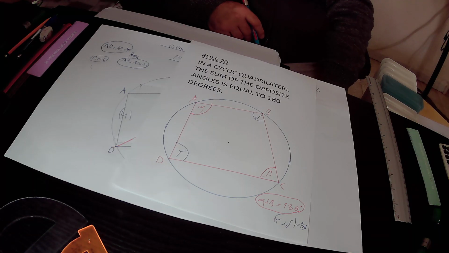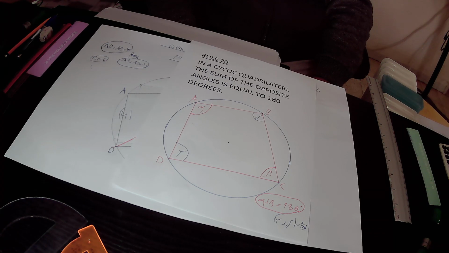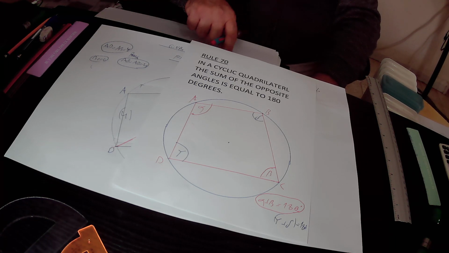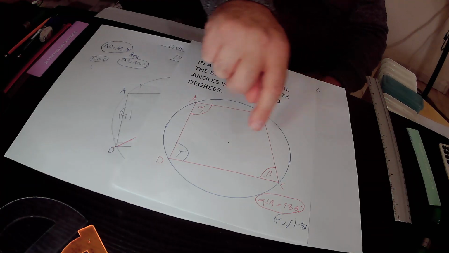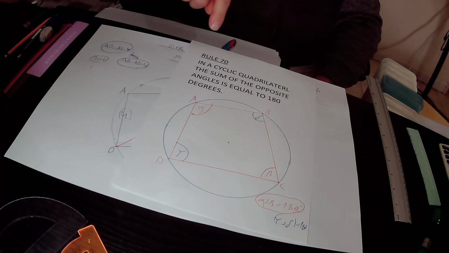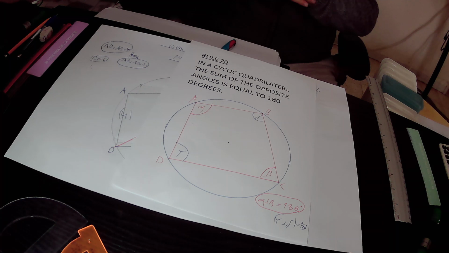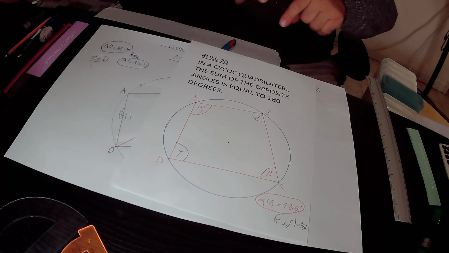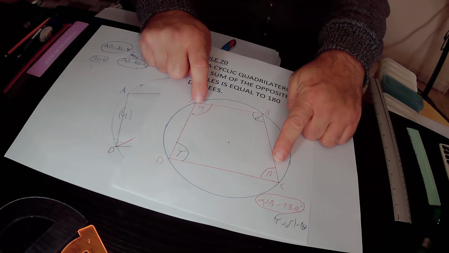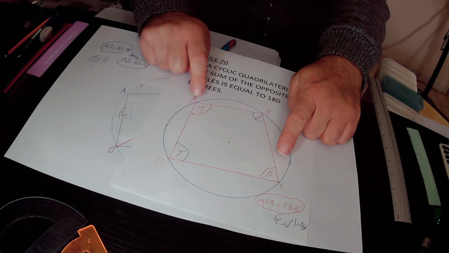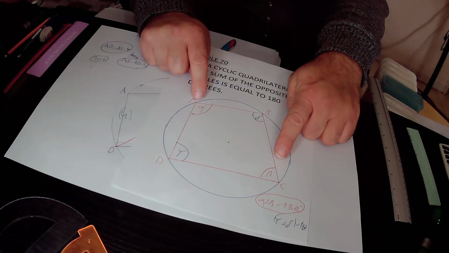According to Rule 70, in a cyclic quadrilateral, the sum of the opposite angles is equal to 180 degrees. So in the drawing, we have quadrilateral ABCD that is described by this circle. According to Rule 70, the sum of those two opposite angles is equal to 180 degrees. That is to say, alpha plus beta equals 180 degrees.